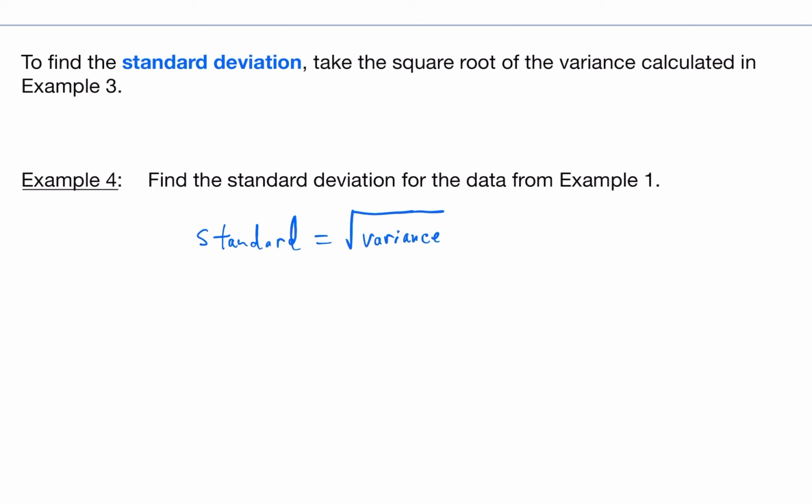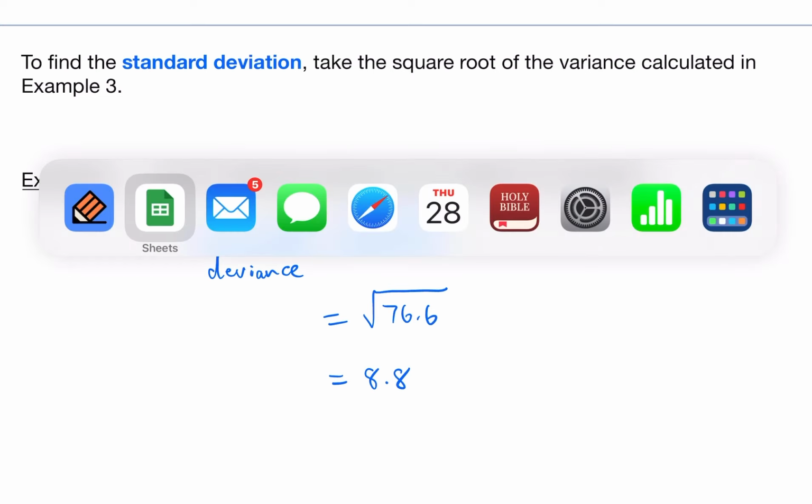So if we take the variance that we calculated, and that was 76.6, we find that that value, or standard deviation, is now 8.8. Okay, 8.8. So that is how you calculate standard deviation.